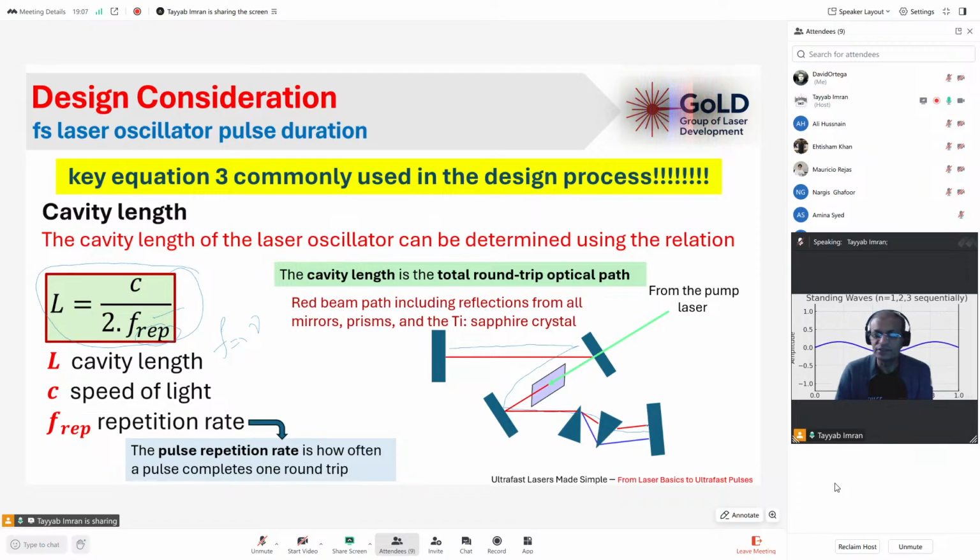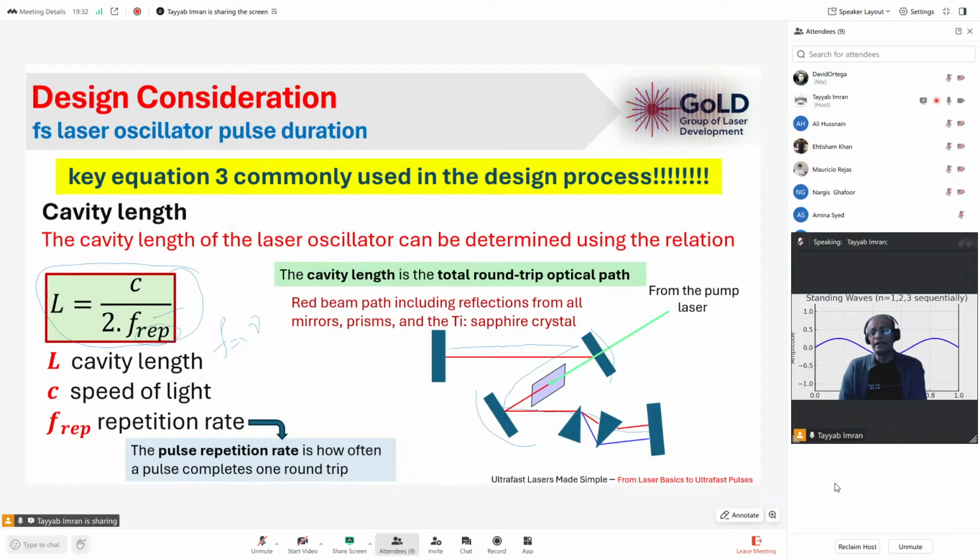I explained in the last lecture that we need this prism for dispersion compensation in the oscillator. And for pumping the crystal, we need a certain arrangement like here. And the prisms are supposed to be adjusted at certain angles to compensate.